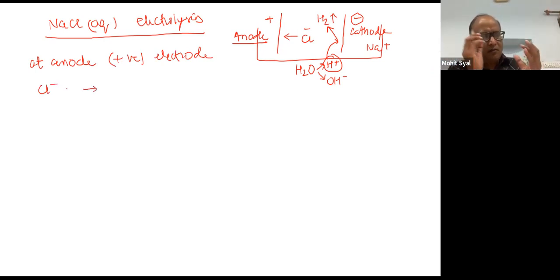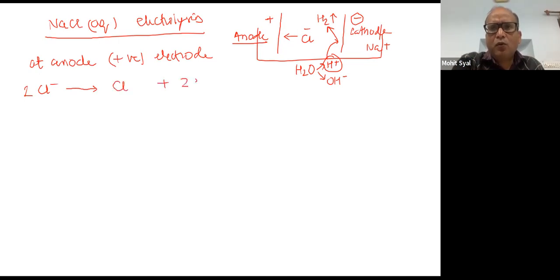When it goes to the positive electrode, it loses its electron. When two electrons are taken out, they become two chlorine atoms, and the two chlorine atoms join together, so chlorine gas is liberated. Similarly, what happens at the cathode?